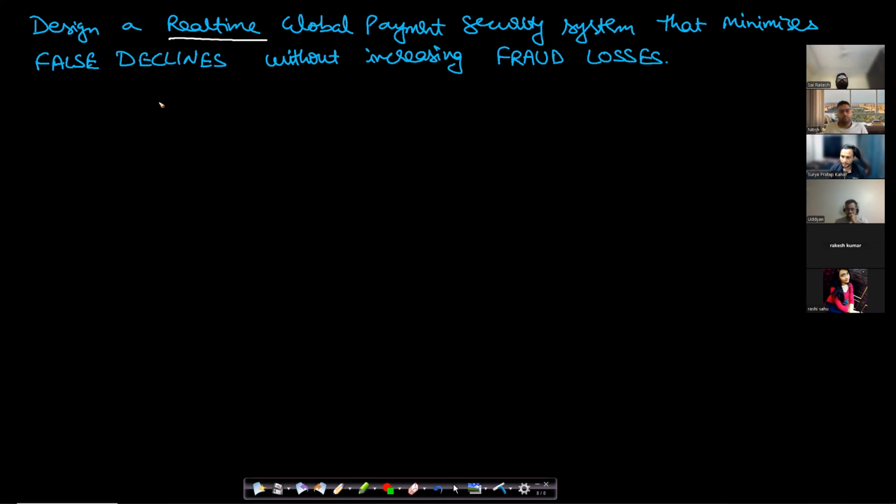Now you might be thinking, what is false decline? That means if the user actually wanted to do his own transaction, which was actually correct and valid, gets declined, saying that it seems suspicious, isn't it? That is a false decline. So we want to reduce that false decline without increasing the fraud losses.